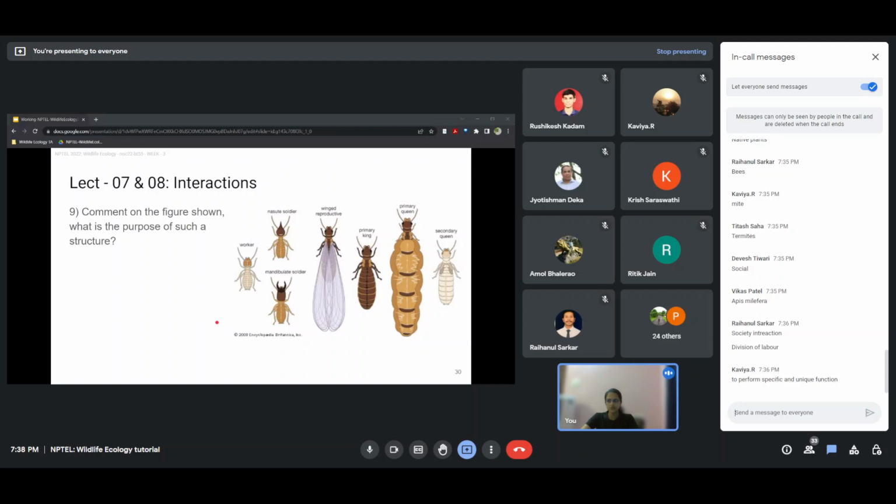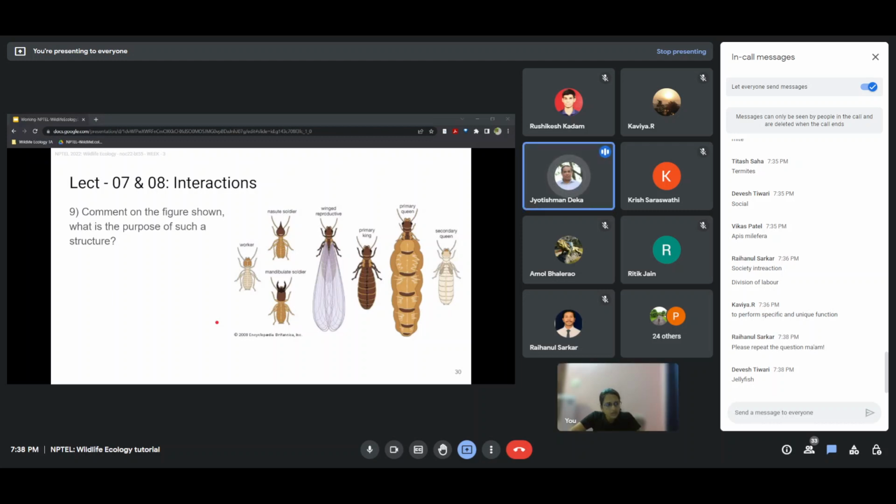Where there is no division of labor, everything is just the same. What algae? Bulbous. Oh, I see. Okay, I am not sure. Jellyfish. Okay.